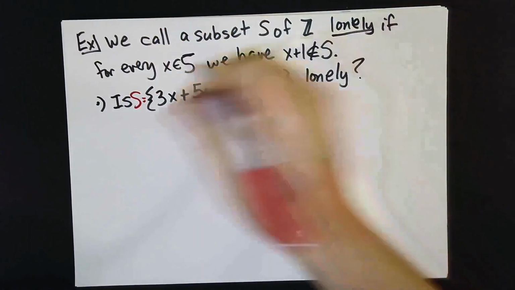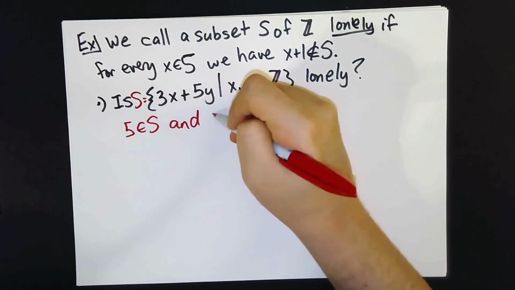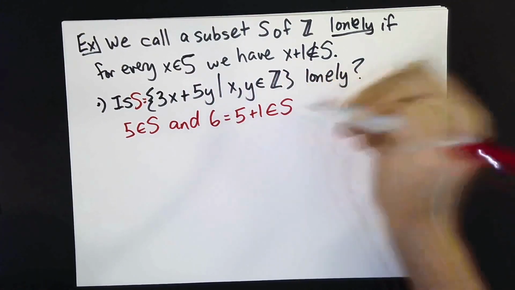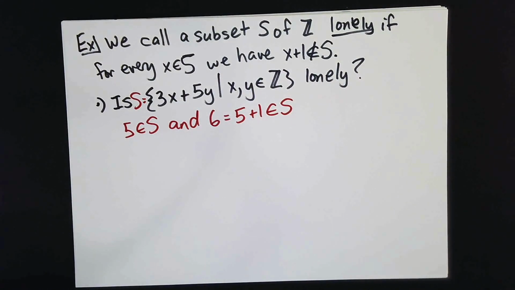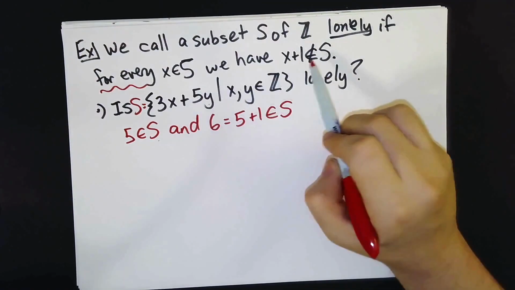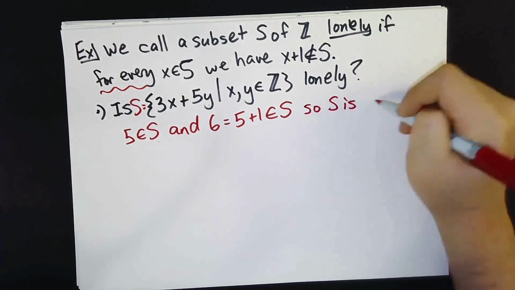Because 5 is in here, that's x is 0 and y is 1. And 6 is in here, that's x is 2 and y is 0. Since 5 and 5 plus 1 are both in here, it's not true that for every element of this set, we have x plus 1 is not in S, and thus this set is not lonely.